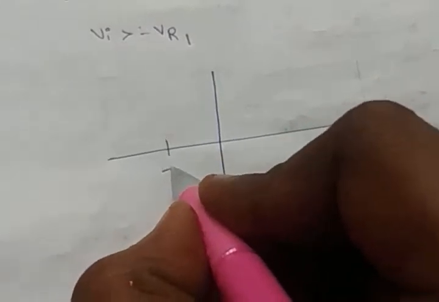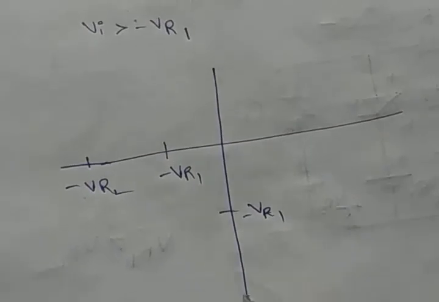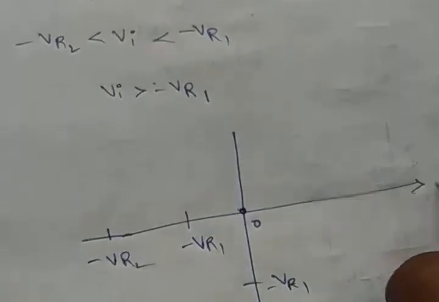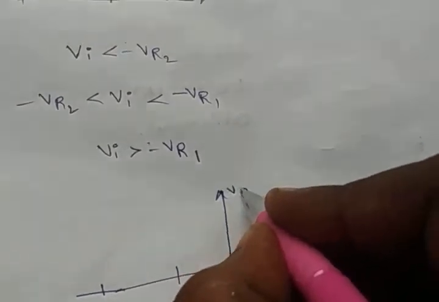So let's see the transfer characteristics here. This is minus VR1 and minus VR2, with the origin at 0, Vi and V0.